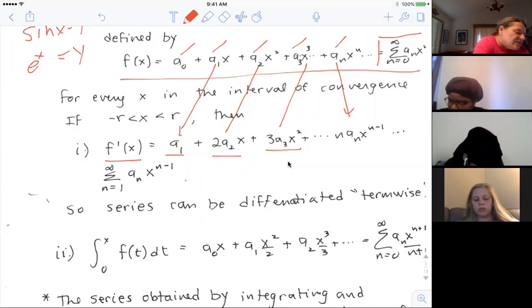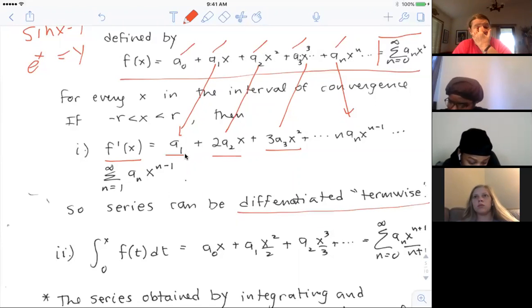We call this differentiating term-wise. So this series has a lot of terms. You can find its derivative by differentiating. This is the original function. We can find its derivative by differentiating each of these.